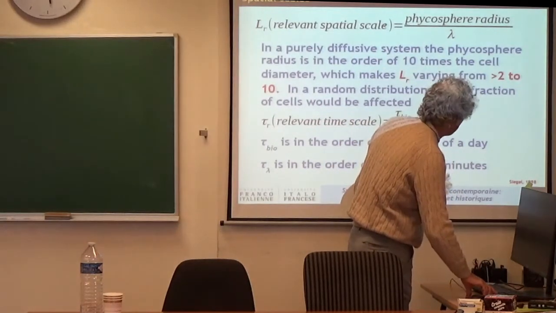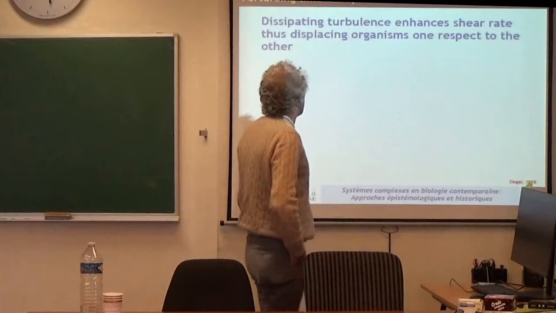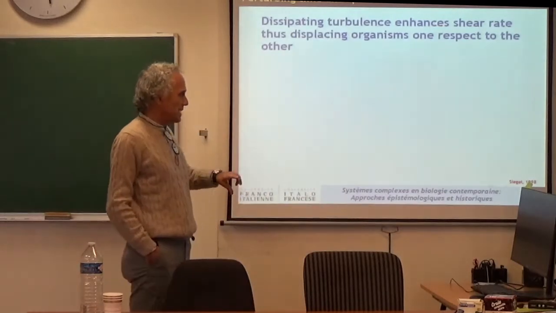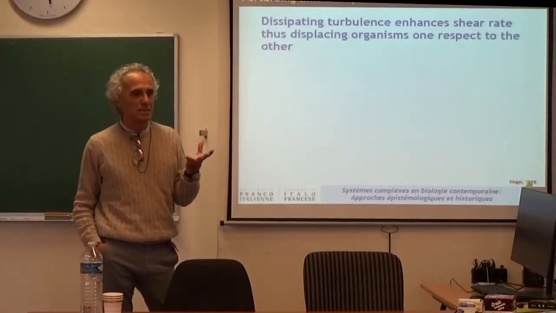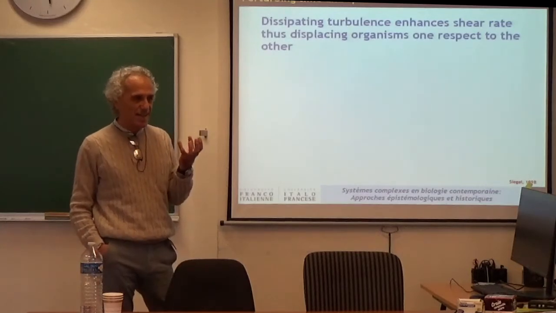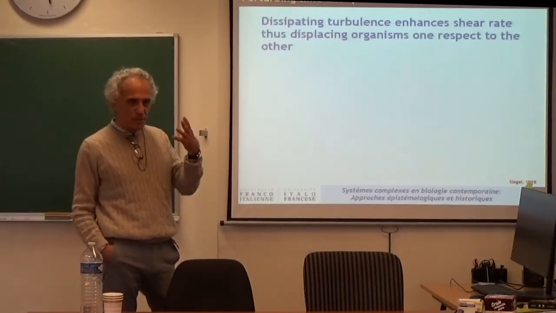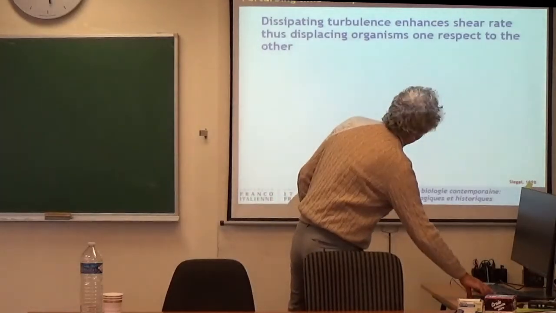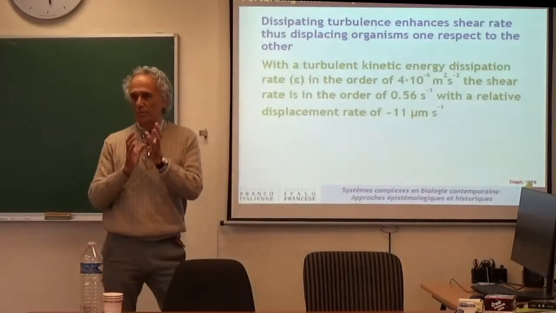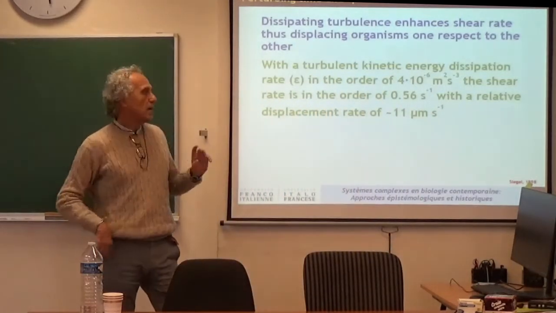But the opposite problem is that the marine water is not steady, it is in continuous mixing because of turbulence at different levels. And so the turbulence displaces water parcels with respect to one another.